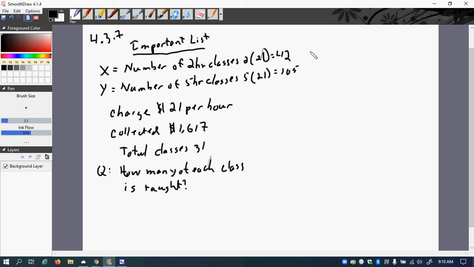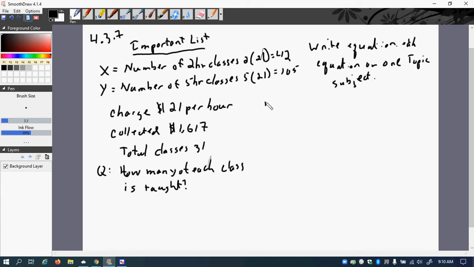So when you write your equations, you need to write each equation on one topic or subject, if you want to call it that.